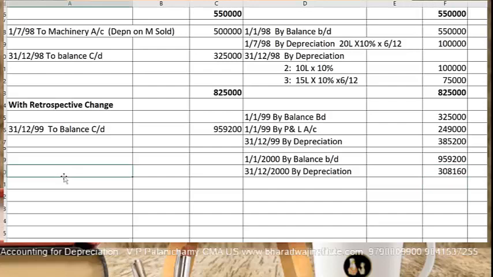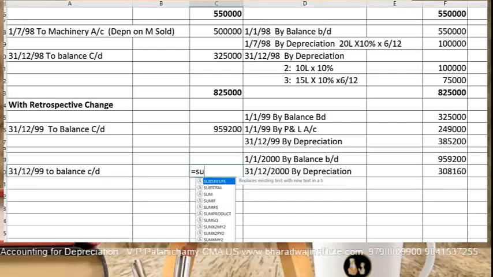Same depreciation amount will come. So simple.